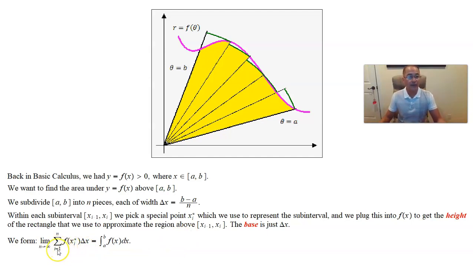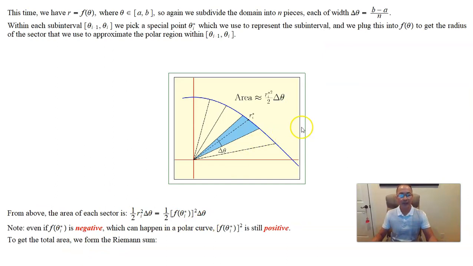We add that for all the pieces, i equals 1 to n, and then we make the number of pieces n go to infinity. That turns into our definite integral from a to b of f of x dx. So we're going to do the same thing now to the interval from a to b, except this time, when we get (b minus a) over n, that represents delta theta, because that is our domain for theta.